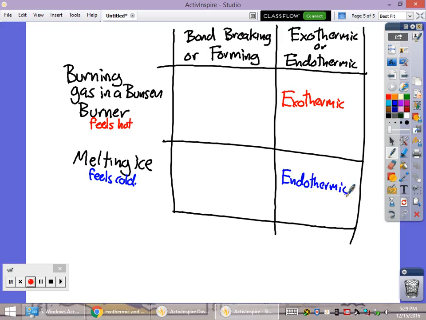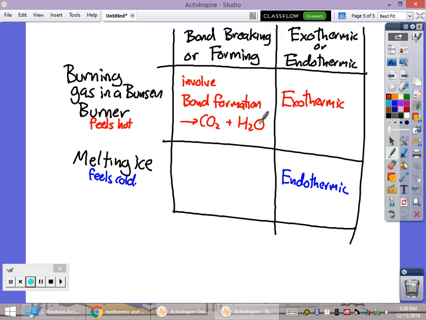Right? But along with it, because we know it's exothermic and because we know the other one is endothermic, we know that this one must involve bond formation. It's hard to see how burning involves bond formation, but it turns out that forming CO2 and forming H2O release a lot of energy, right?